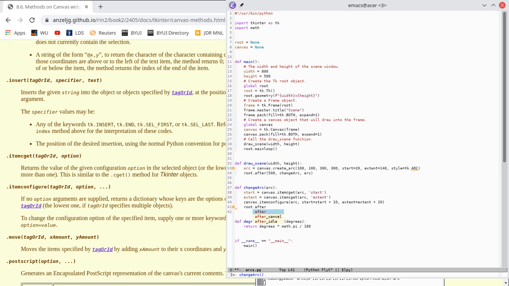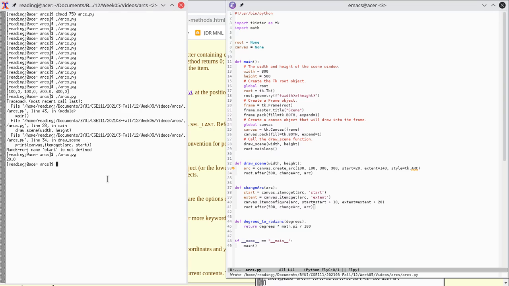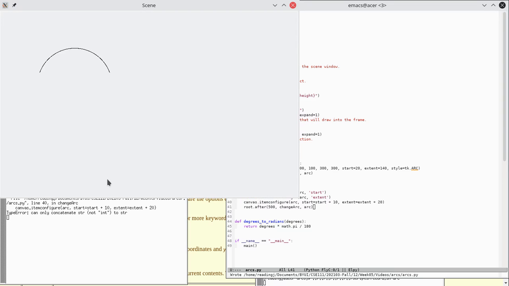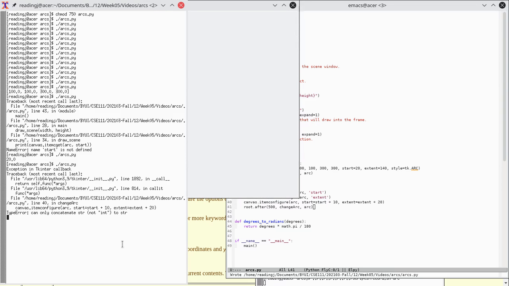Root.after 500 change arc, which looks like a recursive call, but it's not really. Let's see what that does. Whoops. Can only concatenate string. Item configure.